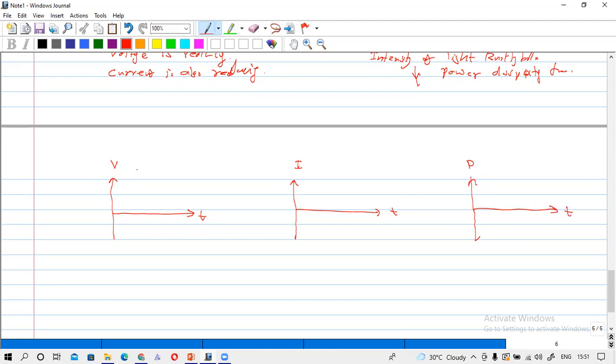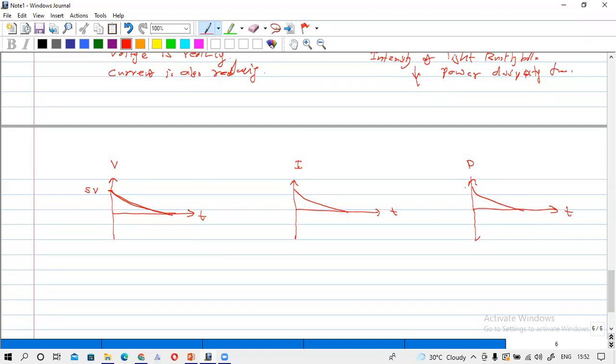At the beginning the voltage is at a high level, no? So if it is a 5-volt battery, the voltage is at 5 volts. Then as time goes on, this voltage is reducing, like this. I don't know the exact pattern, but anyway the voltage is reducing, and the current and the power are also reducing.